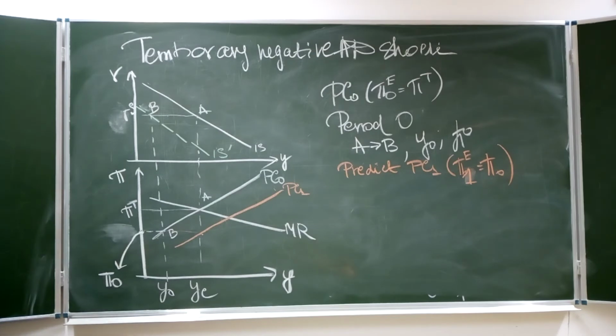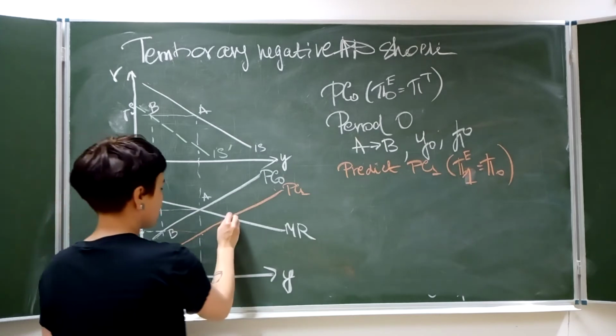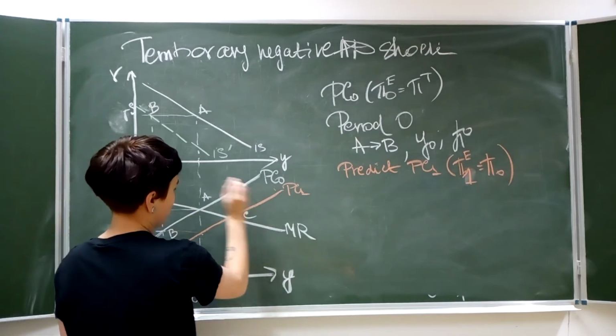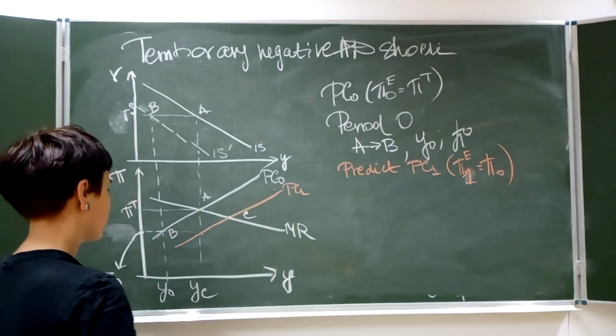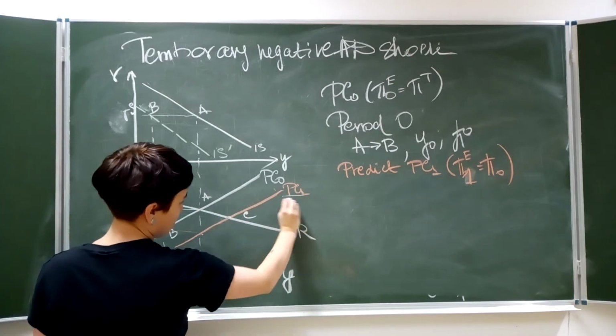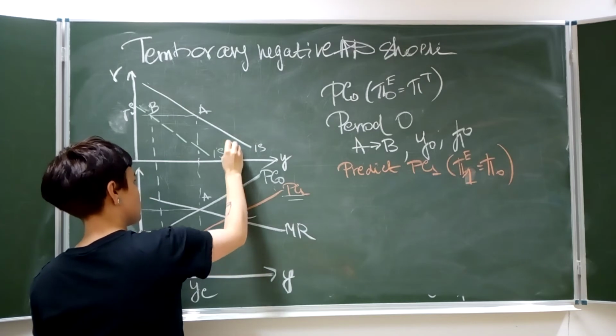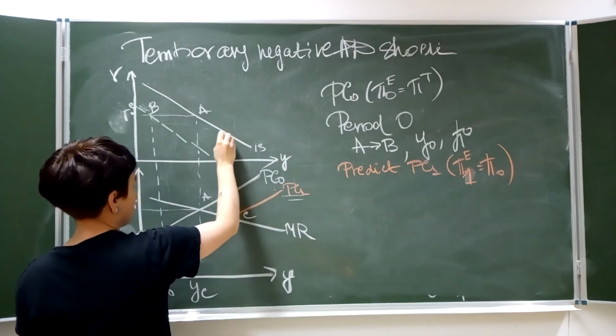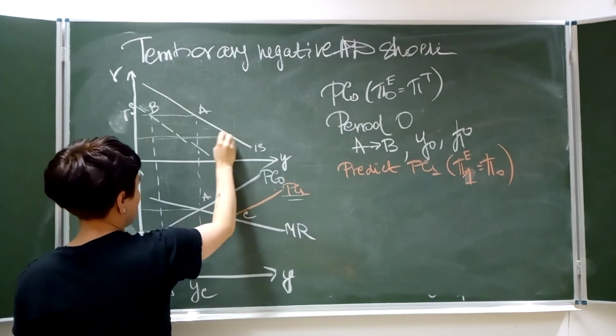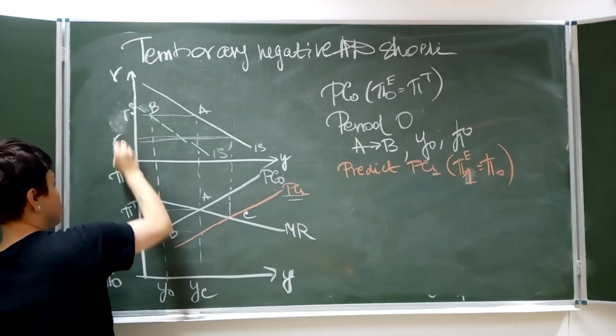So basically we know it's going to shift down. So in period 1, this will be the optimal point of the central bank, point C, on the intercept of new Phillips curve and monetary rule. And in order to achieve this point in period 1, central bank will have to charge R0.